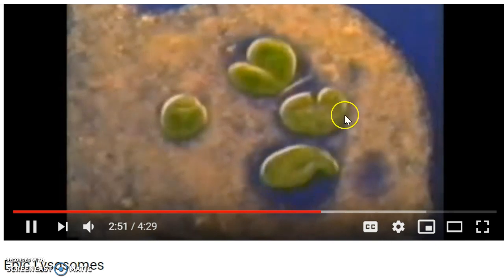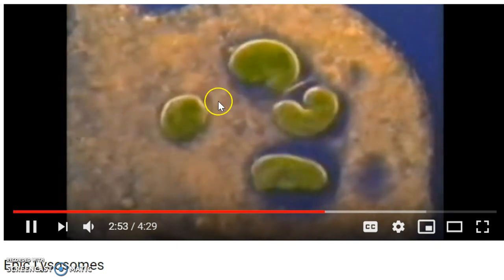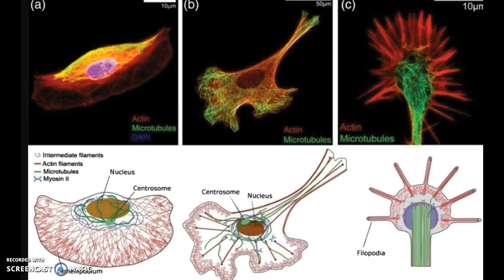So here we have a vacuole full of food that's going to get broken apart by vesicles. Okay, hopefully some of that video worked there. Lysosomes and peroxisomes are small vesicles full of enzymes or chemicals that break down larger things. That could be used for defense, or it could be used for digestion.